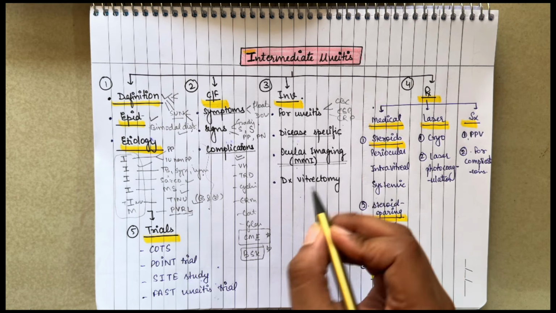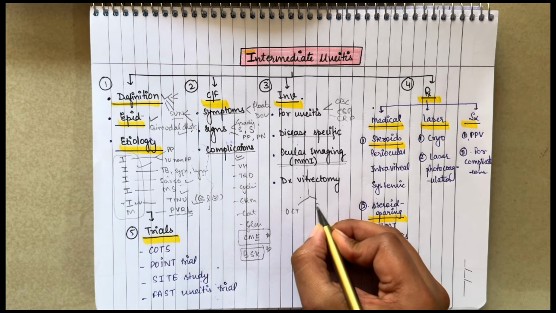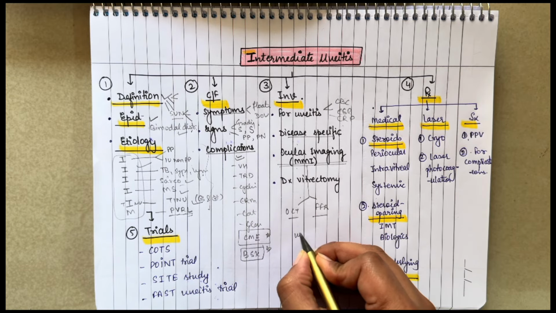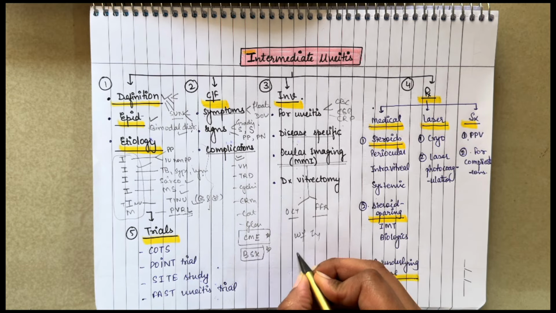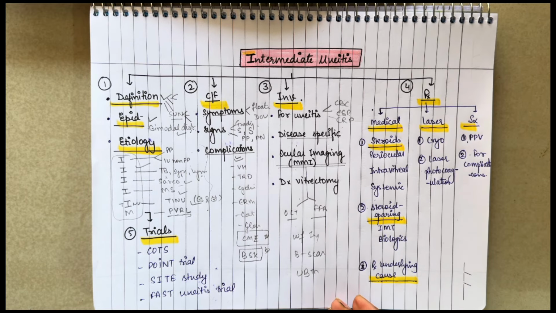And do not forget to mention multimodal imaging, in which OCT and FFA are important. Otherwise, you can go for wide field imaging, B scan, UBM, and just mention it again.